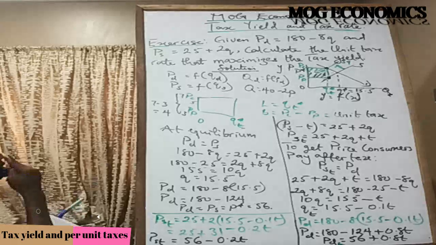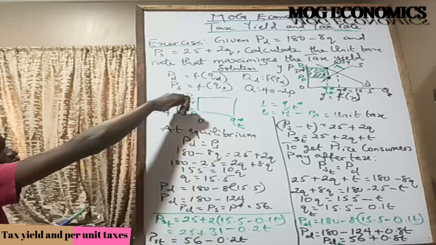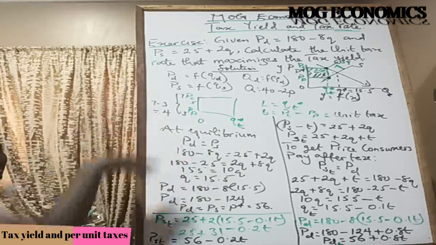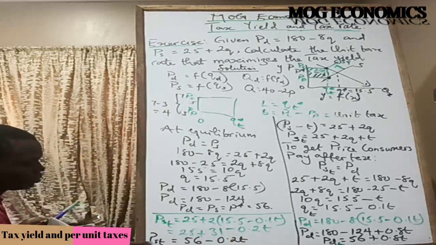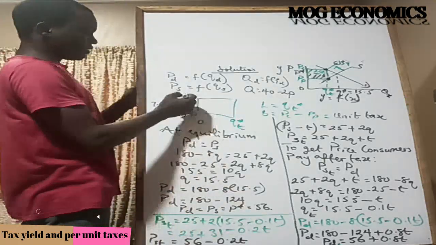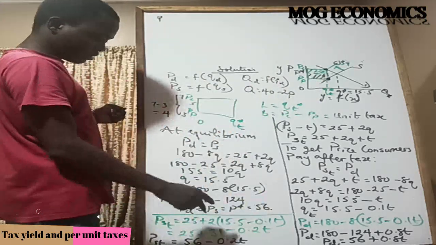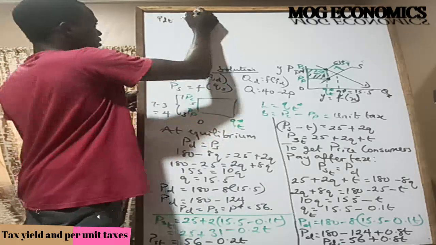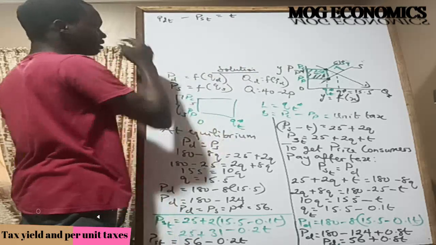Remember that I said the price consumers are paying minus the price that producers are receiving will give us the tax that was imposed, right? And we don't know that yet. So what we just do is PDT minus PST, which equals the per unit tax that was imposed.